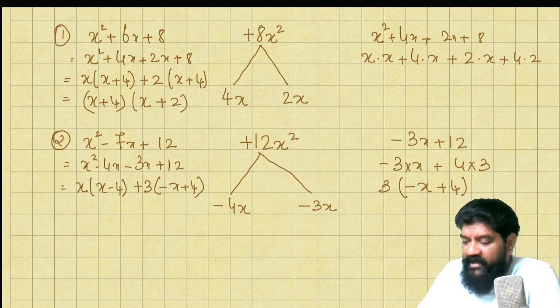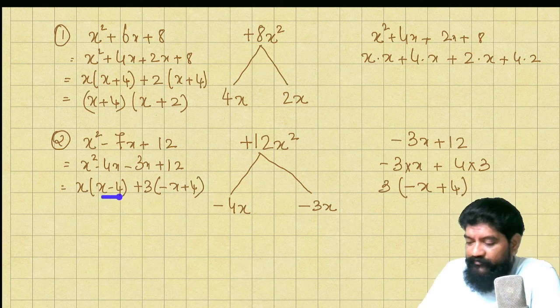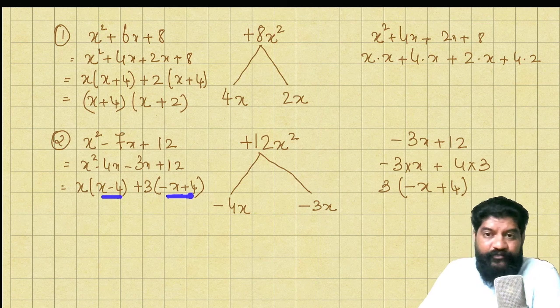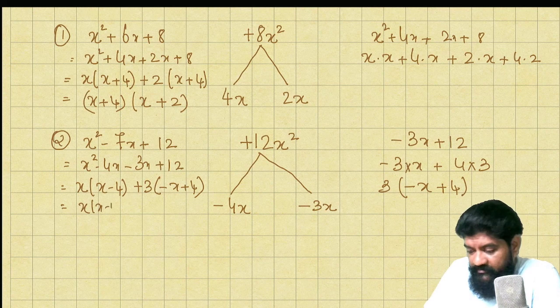You see, I can't factorize this further. I'm stuck because this is x minus 4 and this is minus x plus 4. I can't take that out common. And therefore, I'm going to take a negative common out here. Then I would have a minus 3 and this would become x minus 4.